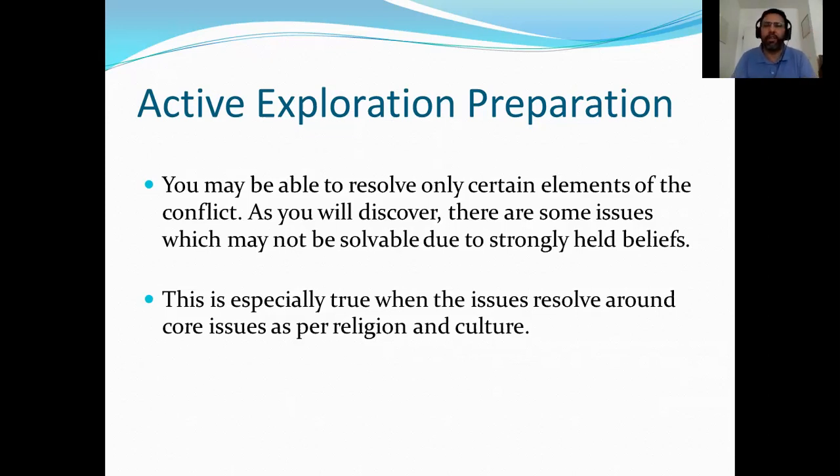The practical issues are quite often easy to solve, but when emotion and belief, which are neither rational nor always understandable, come into play, we are not always able to solve these issues without difficulty.